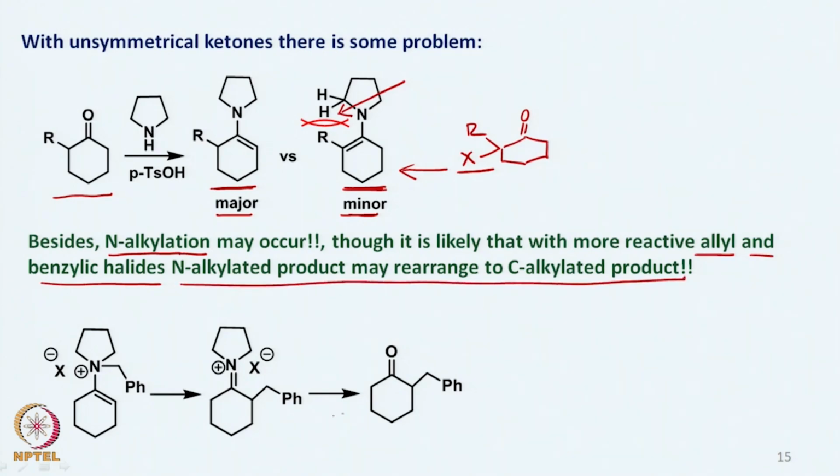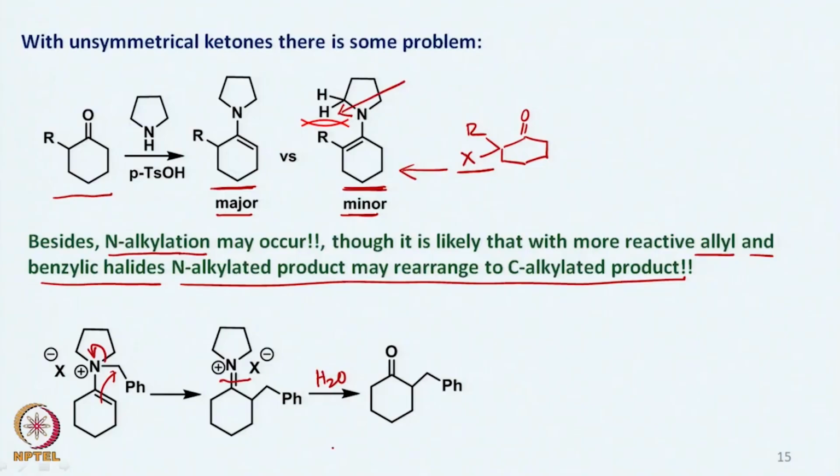For example, here it can rearrange in this fashion after the N-alkylation has happened, then we get the C-alkylation, and when hydrolysis is done from here, we get the corresponding ketone. But if such an N to C rearrangement does not take place, then of course we have a problem. So there are problems associated with it. Nevertheless, it has been a very useful method.